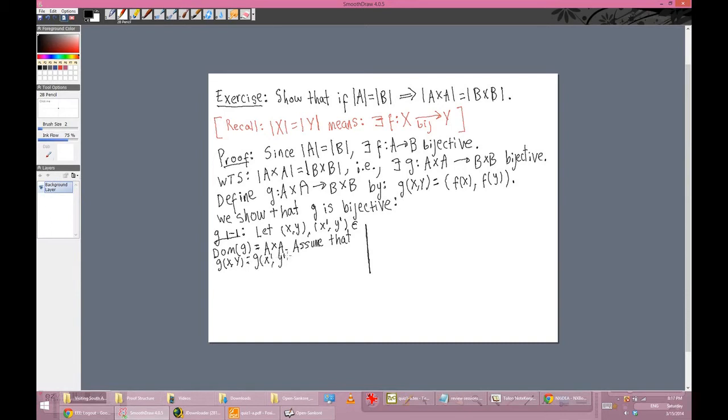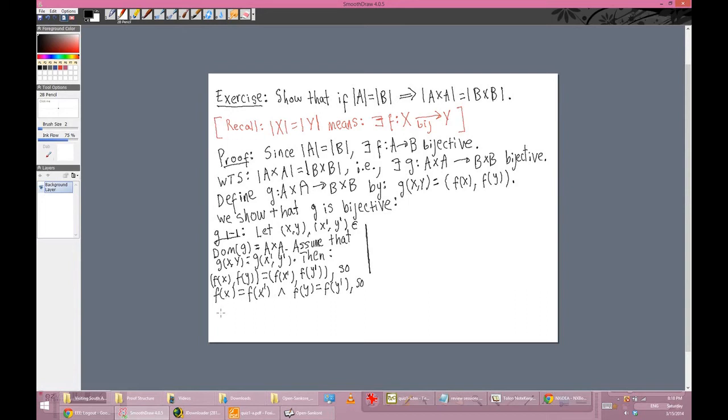So we assume G of (x, y) equals G of (x', y'). By the definition of G, this means that (f of x, f of y) equals (f of x', f of y'). So this is an equality of ordered pairs, which just means that the first components agree and also the second components agree.